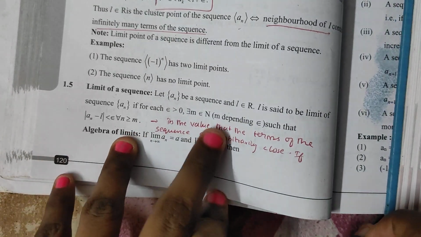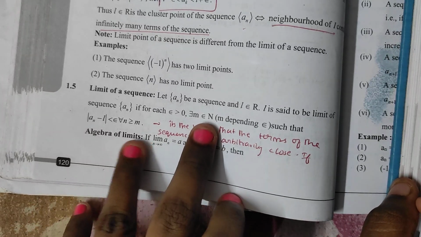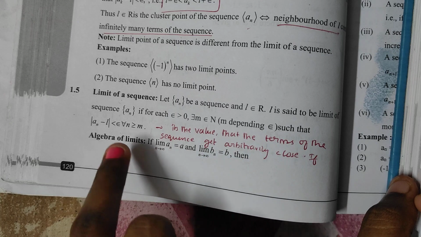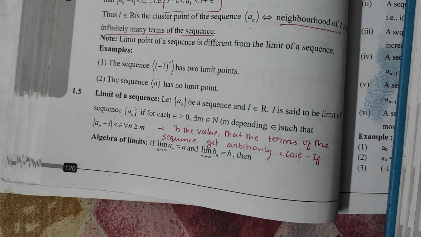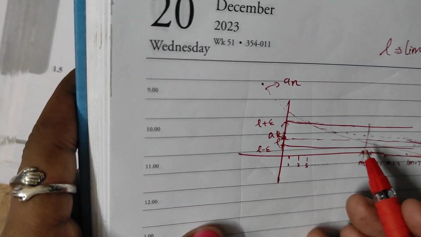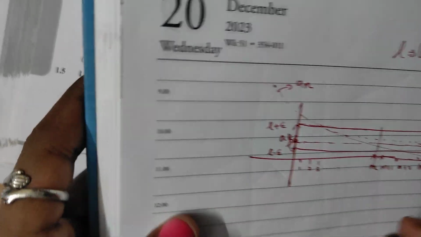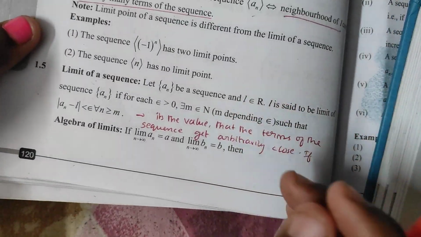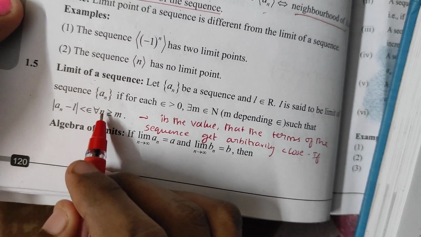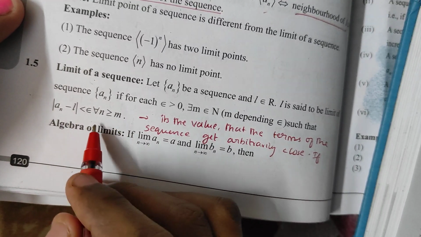M depends upon epsilon, such that the distance between a_n and L is less than epsilon for all n greater than or equal to M.